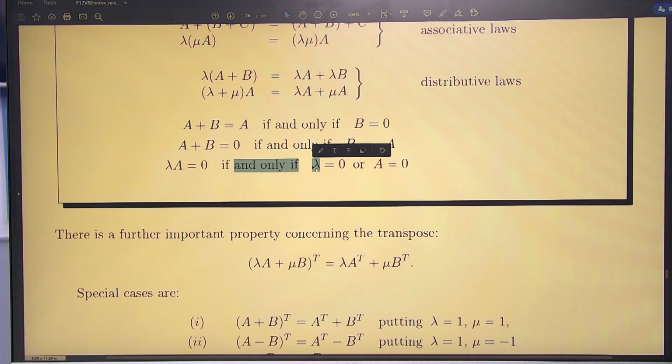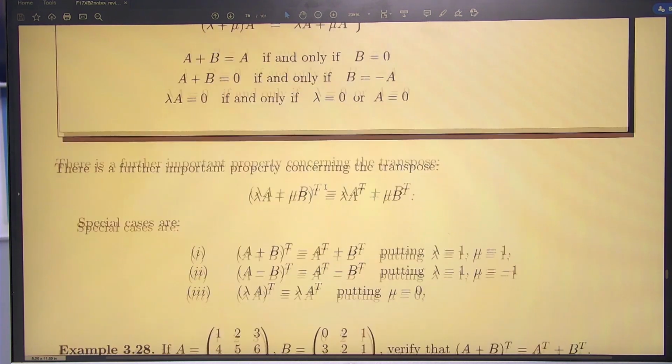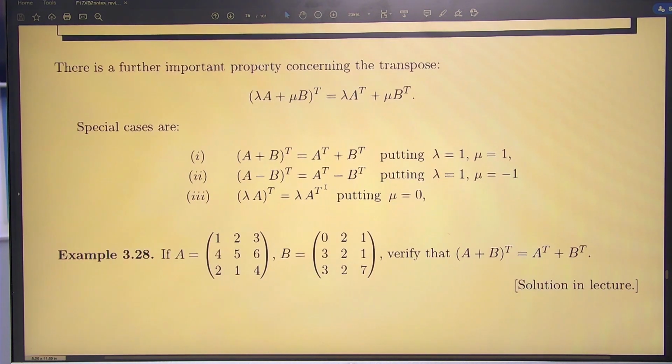If and only if means that if you have the right side, you also have the left side. Necessary and sufficient conditions. Another important property: if we have scalar multiplication, matrix addition, and then the transpose of these, we can separate them and find the transpose of all the matrices.